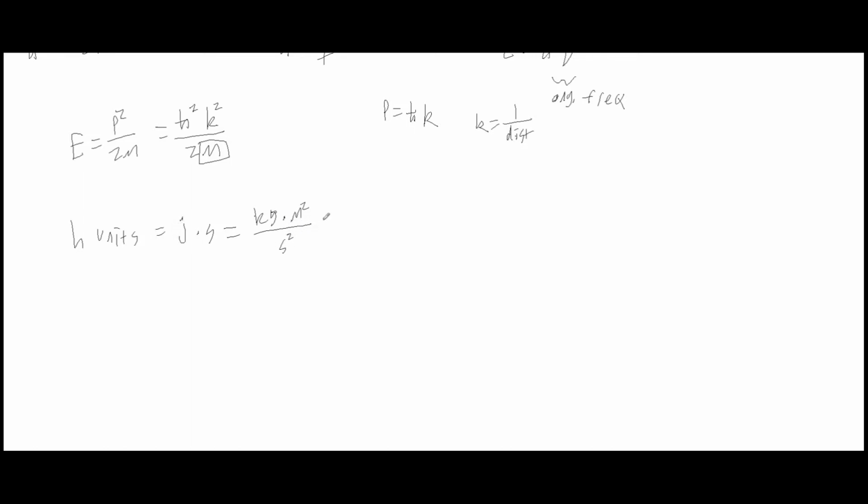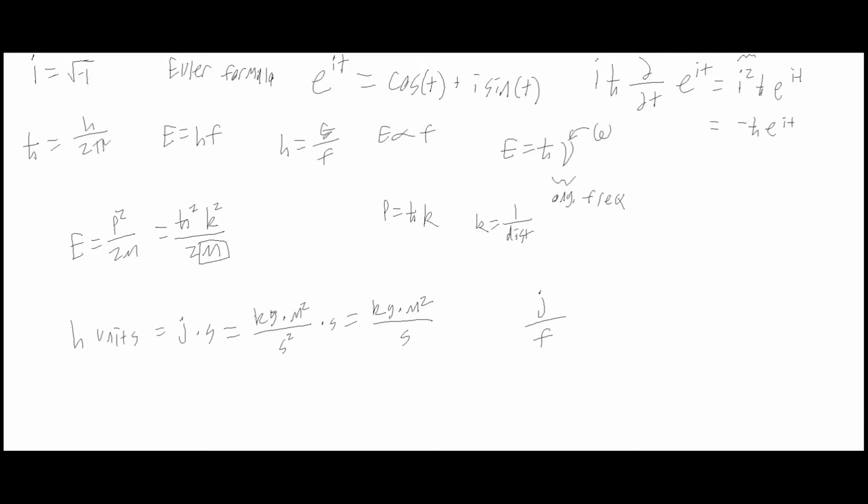That's what joules are, and then we multiply that by seconds, which gives us kilogram meters squared over seconds. And we can see that this is the same as having joules per frequency, which, as I said up here, is our energy over frequency. That's our energy, joules, over frequency.